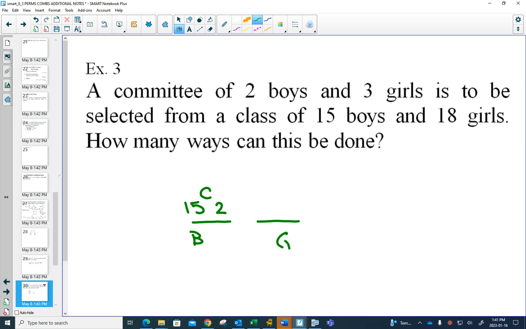And it's a combination because the order won't matter. And for the girls, it will be 18 choose 3. And what do we do with a decisions question every single time? Multiply in between. And you type that into your calculator to get an answer. We'll leave it for now.